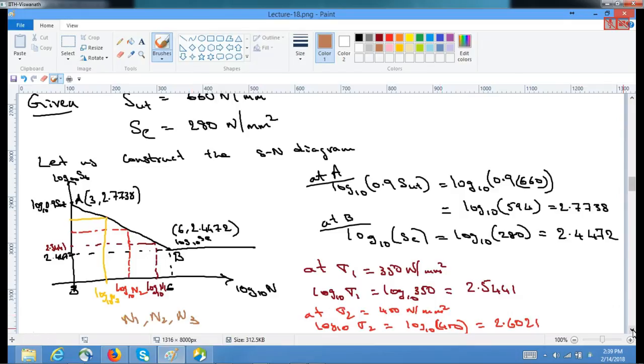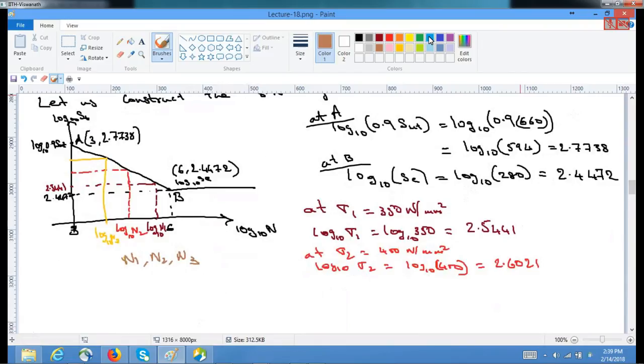So to do that, let me just continue further. At sigma 3, log 10 of sigma 3 is log 10 of 500, which would yield us 2.6990, and this one is 2.6021.